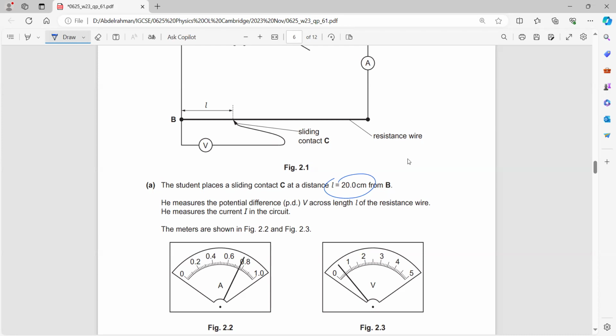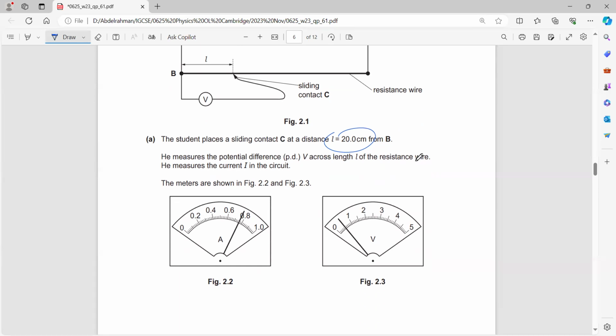The whole purpose of a sliding contact is that it can move to the left or to the right, so the length could increase or decrease. And if we remember from physics, whenever the length increases, the resistance increases. So probably he will ask about this relationship between the length and the resistance.